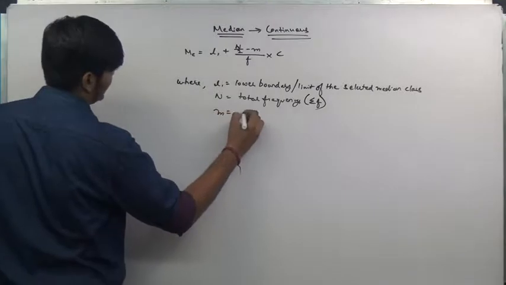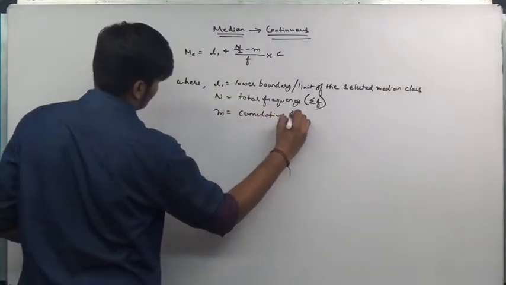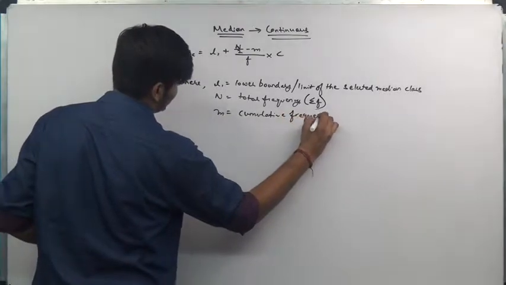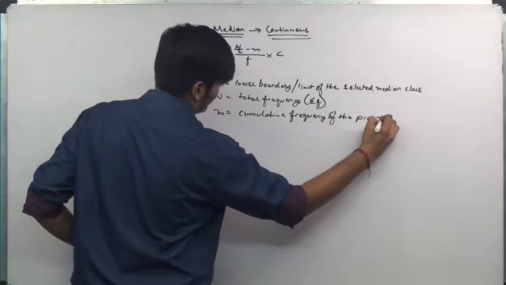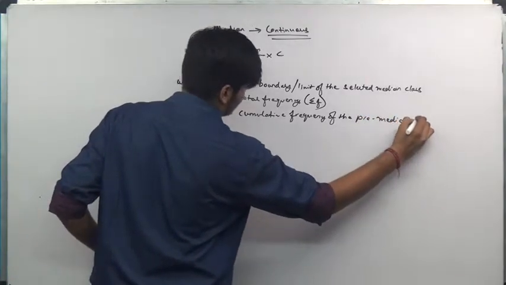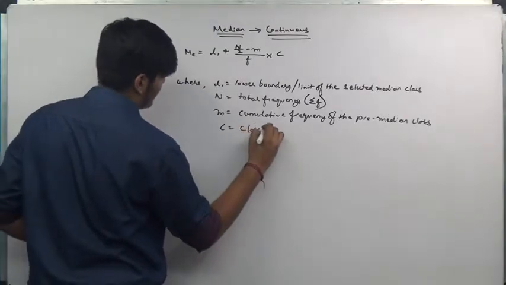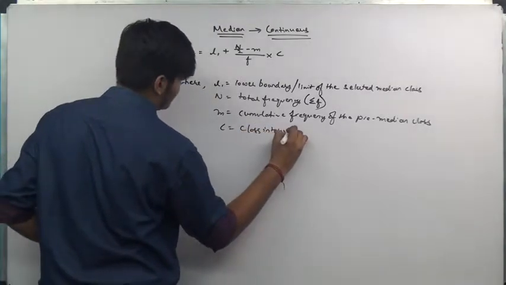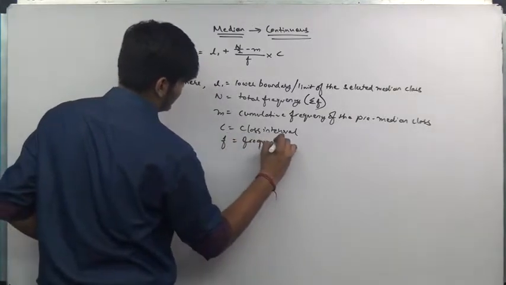M, here I have taken the cumulative frequency of the pre-median class. Okay. Next, C is equal to class interval and F is equal to frequency.